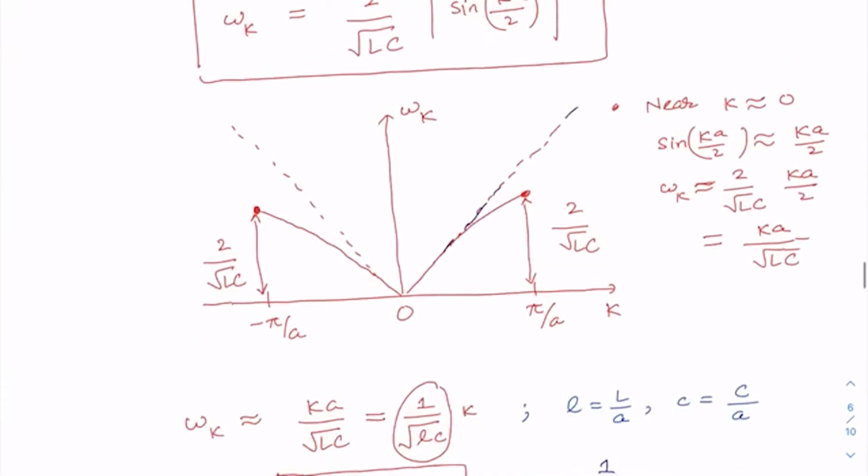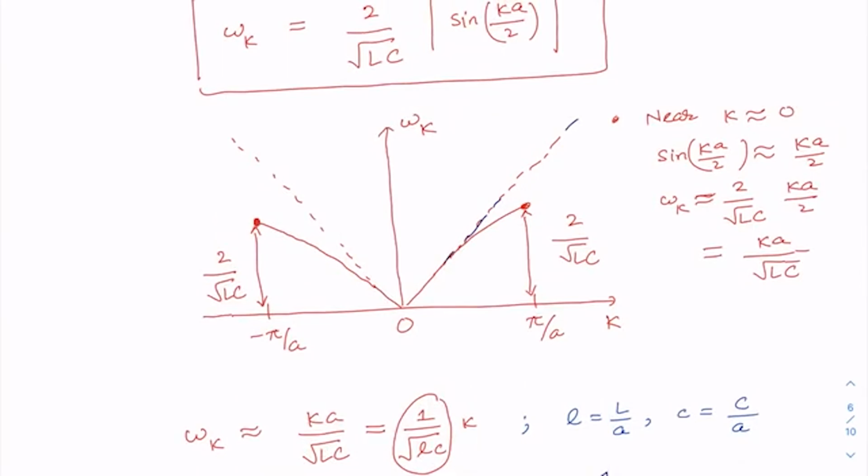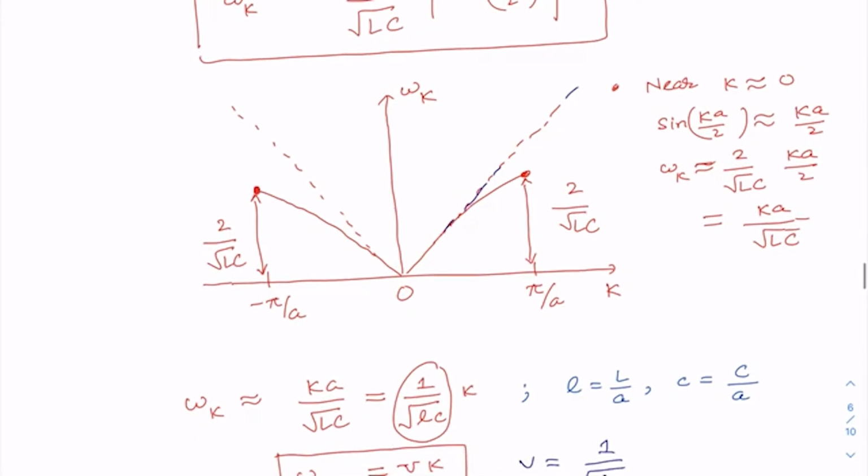And then we discussed this dispersion relation, and we found that when k is nearly equal to 0, this dispersion curve is nearly linear. As we go to the continuum domain, as a tends to 0, this pi by a goes outward on this side, and similarly this goes that side.